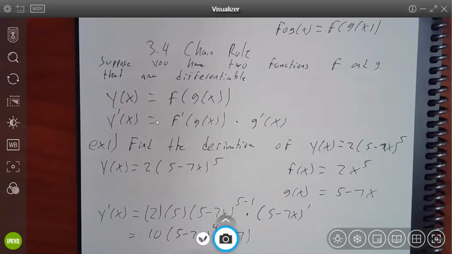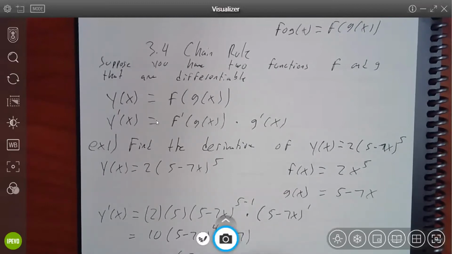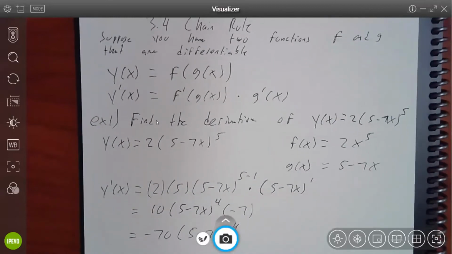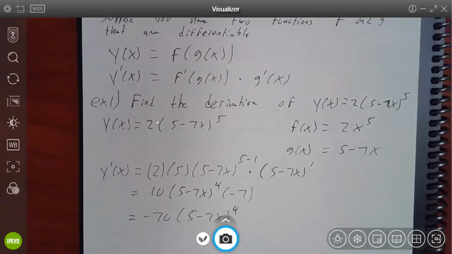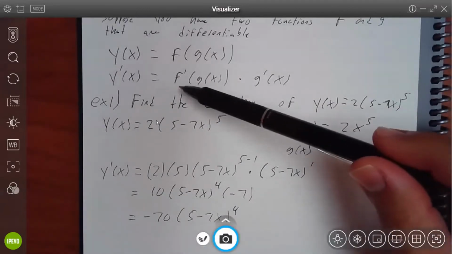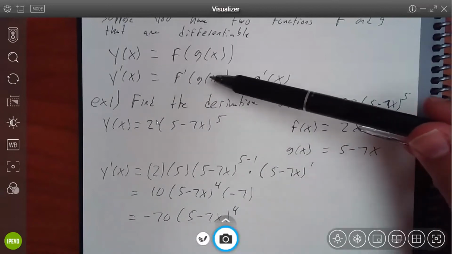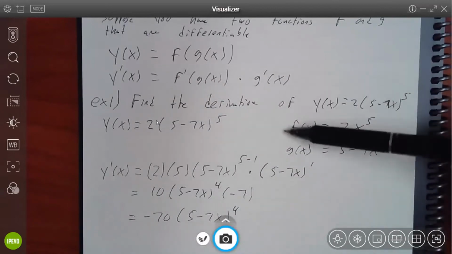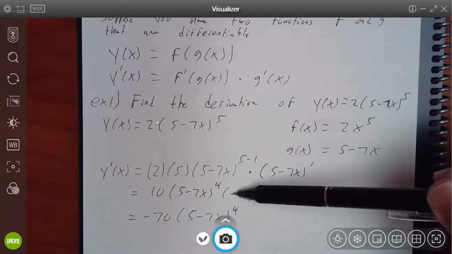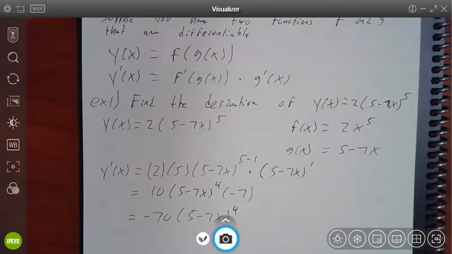So this becomes negative 70 times (5 minus 7x) to the fourth. You see what's happening? So derivative of the outside, right? That's the formula. This is the derivative of the outside function times the derivative of the inner function. Any questions on this first example here?